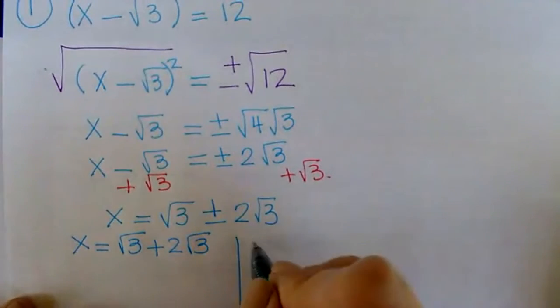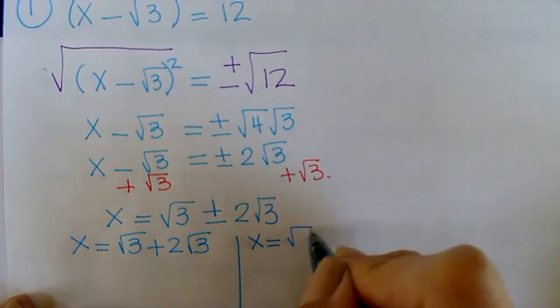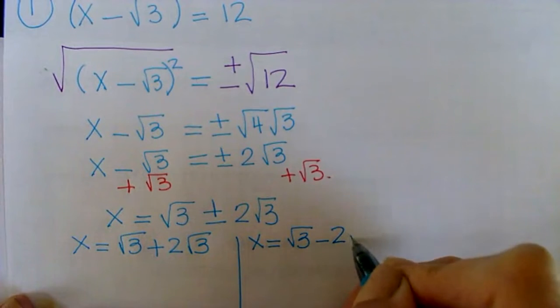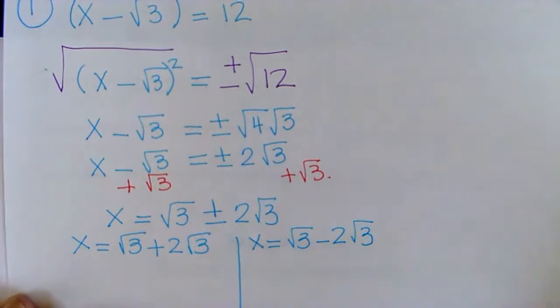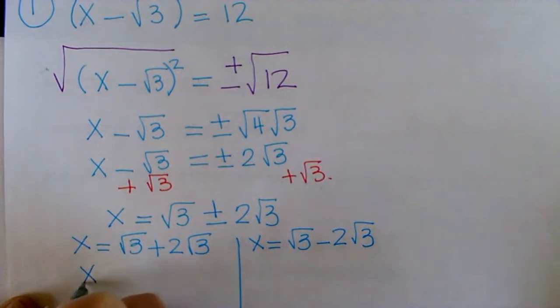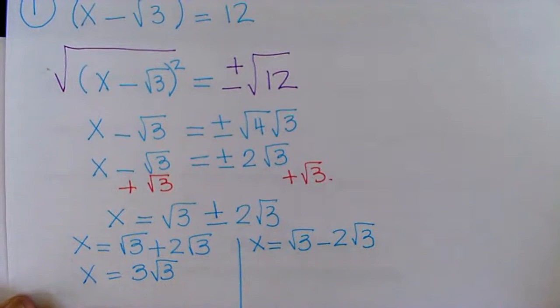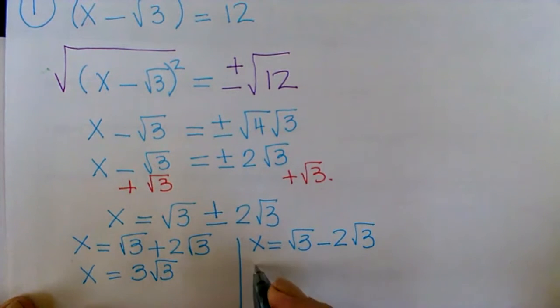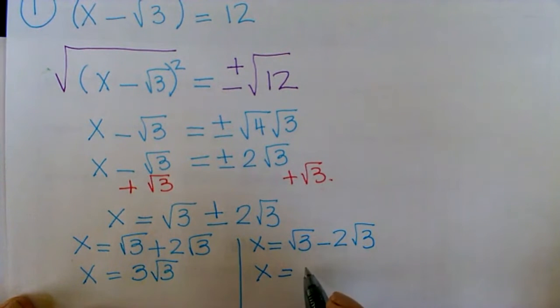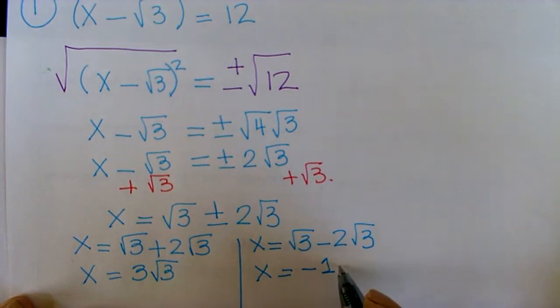And the other one is going to be x equals square root of 3 minus 2 square root of 3. So what do we get here? x is equal to 3 square root of 3, right? We're just adding the coefficients and it has the same square root. On this one, it's going to be negative 1 square root of 3.